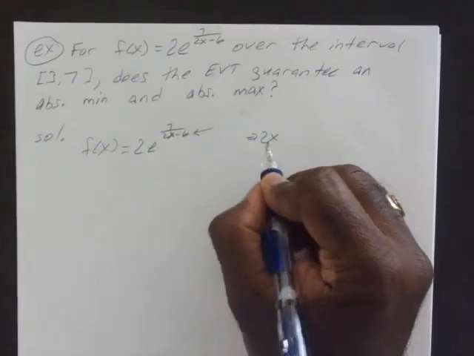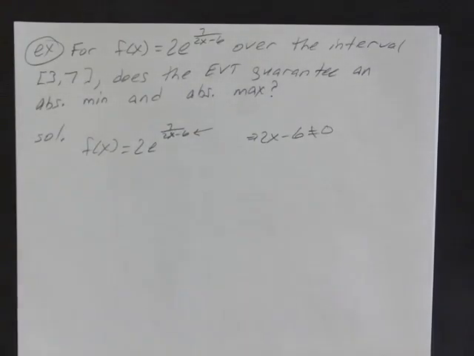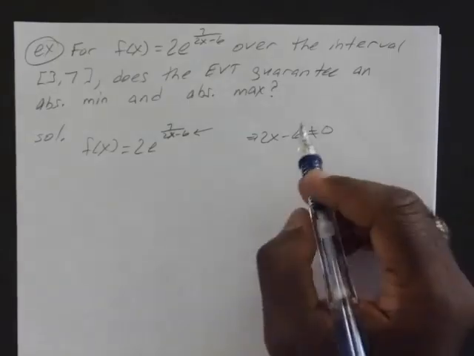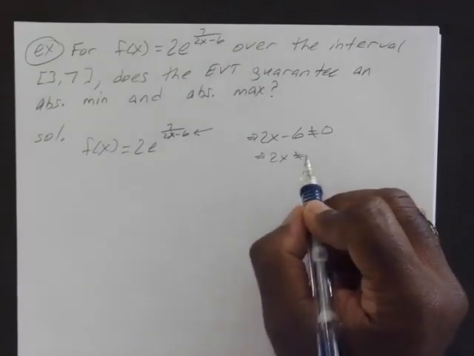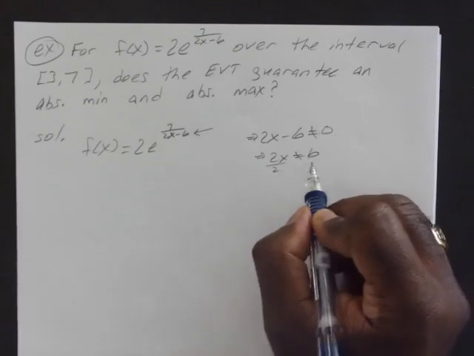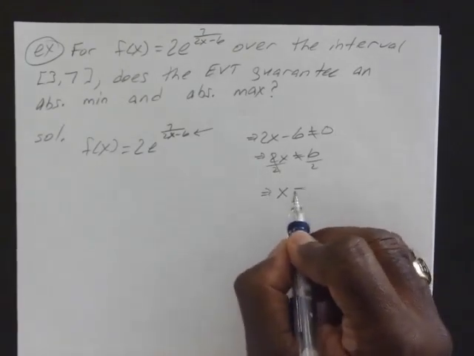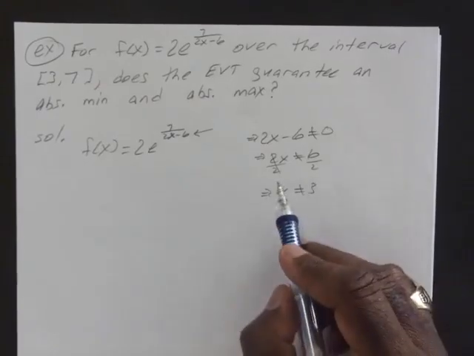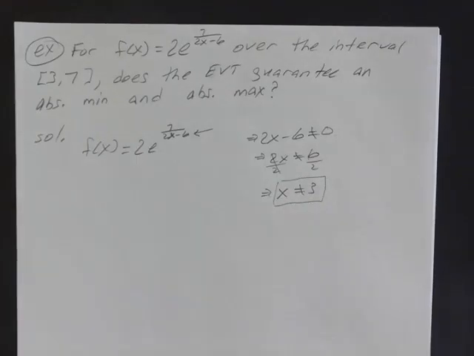So we know that 2x minus 6 cannot equal 0. That's the only spot where it will be undefined. So if we add 6 to both sides, we have 2x cannot equal 6, and divide both sides by 2, we have x cannot equal 3. So you're good everywhere except where x is equal to 3.